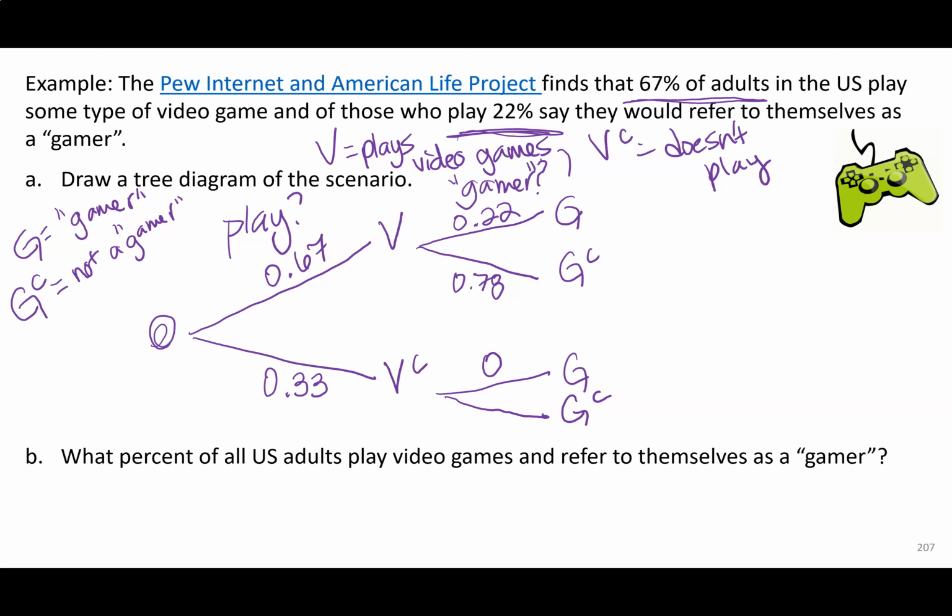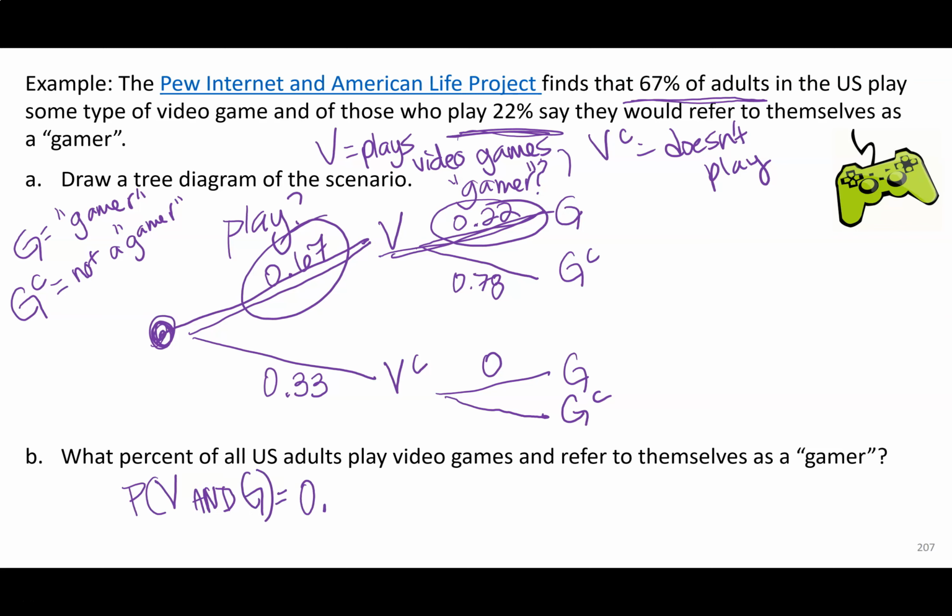So if I start here, play video games, so I need this probability, and call themselves a gamer, so I need this one. So I went down 2 branches. So the multiplication rule says the probability they play video games and they call themselves a gamer is equal to 0.67 times 0.22.